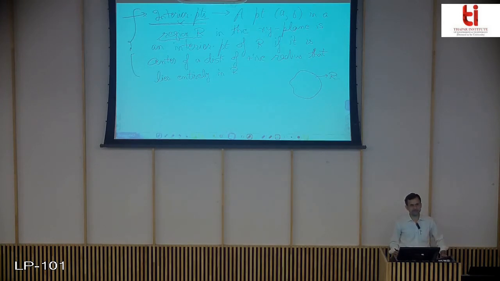If you have a point (a, b), say here, it will be called an interior point of this region R when it is the center of a disk of positive radius that lies entirely in R. That means if a point is an interior point of region R, I can always draw a disk, here disk means circular surface, about that point with some positive radius.